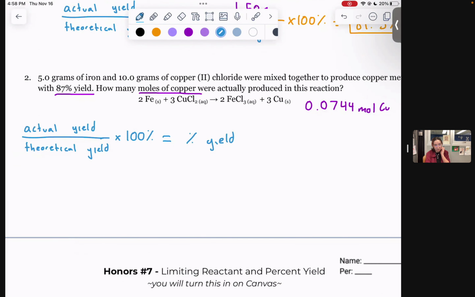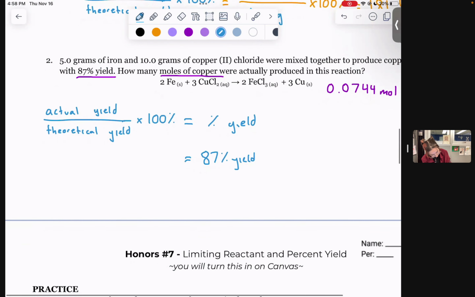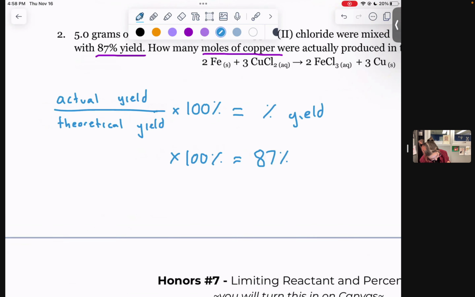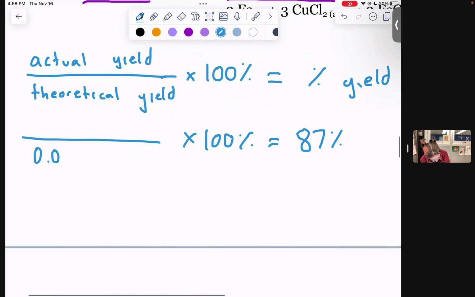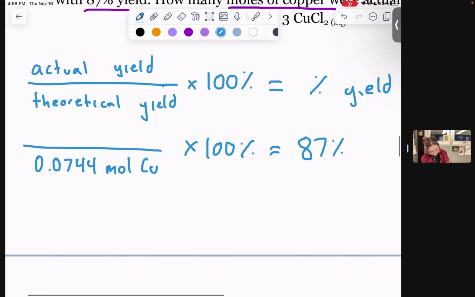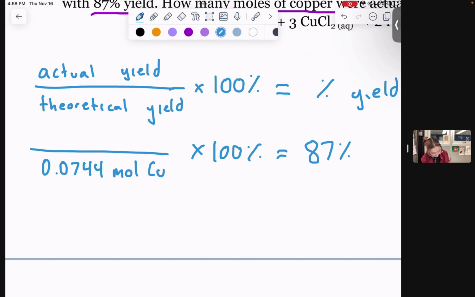So I'm just going to plug in the numbers I know. So I know that there is an 87% yield, and I know my theoretical yield was what I calculated above, 0.0744. And what I don't know is my actual yield. So I'm going to throw a Y there and we'll solve for it.